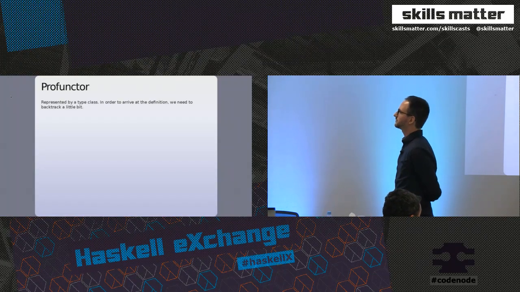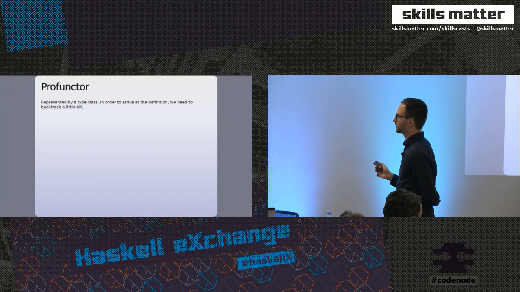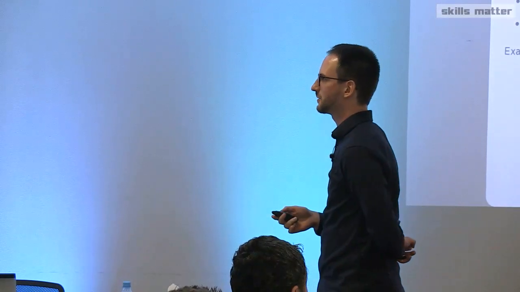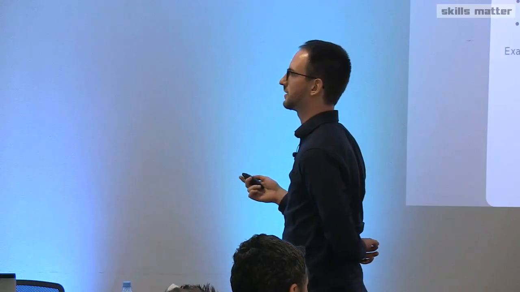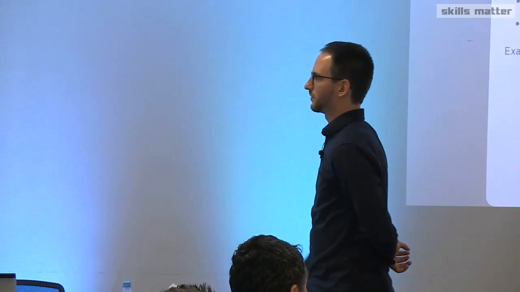And the profunctor is basically represented by a type class in Haskell. But in order to arrive at the definition and have some intuition about that, we need to backtrack a little bit. So let's talk about covariant functors, right? It's a type class we all know and appreciate. A covariant functor in Haskell is represented by the Functor type class, right?